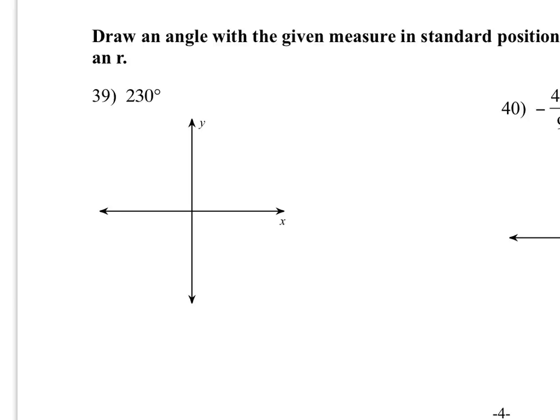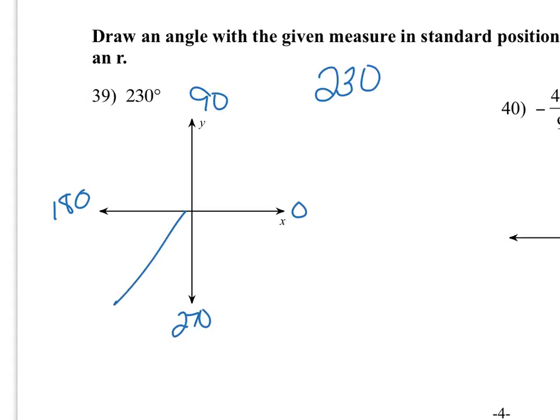So we just want to draw 230. Sketch the angle 230. Remember, a sketch just has to be basic. So this is 0, this is 90, this is 180, this is 270. So 230 would be somewhere in here-ish. Remember to draw the curve, since it's positive, it's going counterclockwise, and put that arrow there on the end.